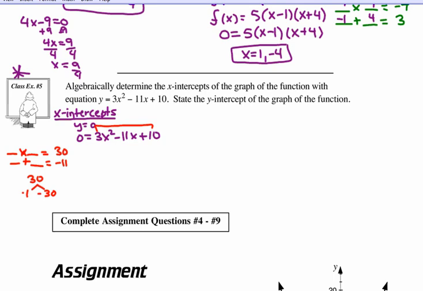Good. So negative 1, negative 30, negative 2, negative 15, negative 3, negative 10, negative 5, negative 6. There it is. Negative 5 and negative 6, because that would multiply to positive 30 and add to negative 11.